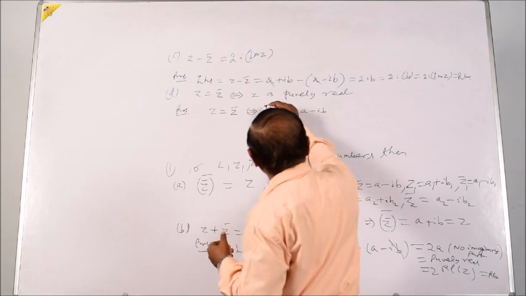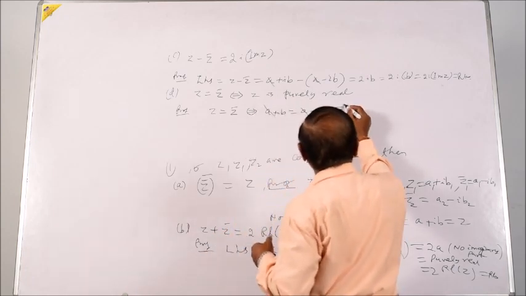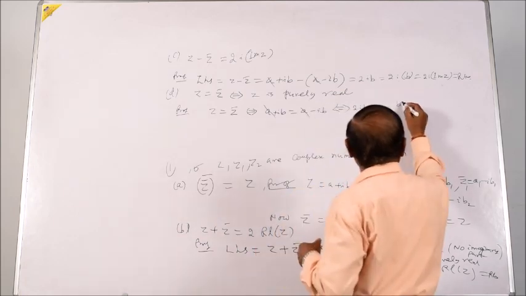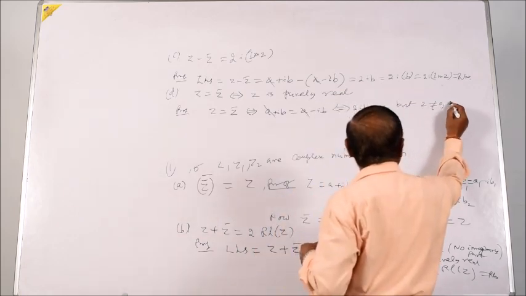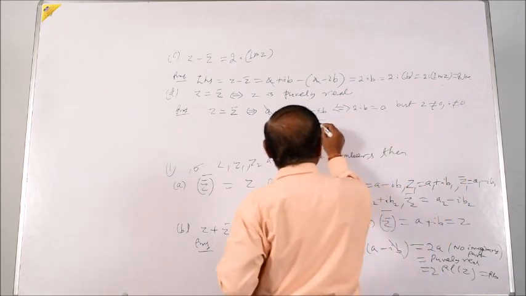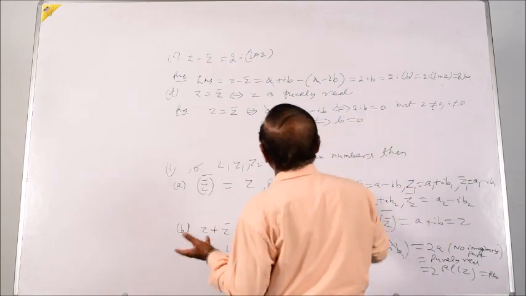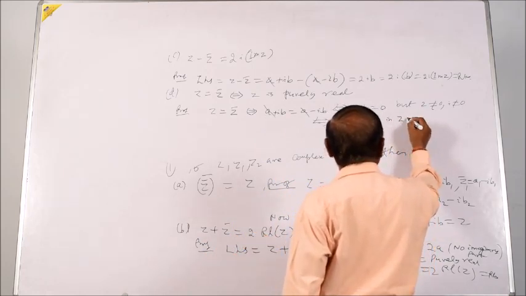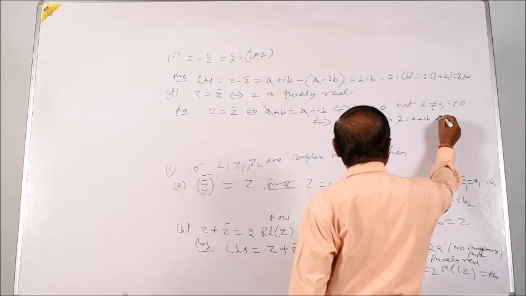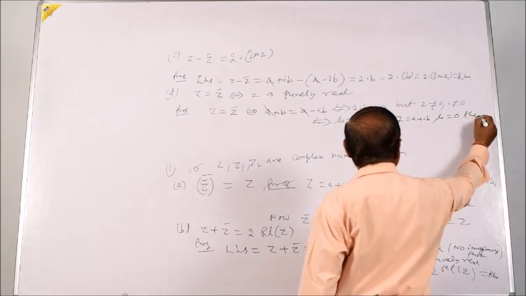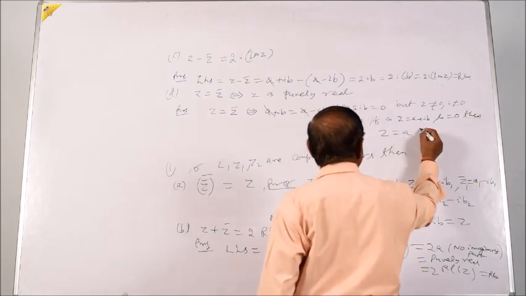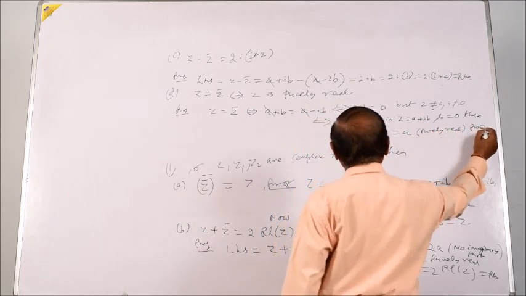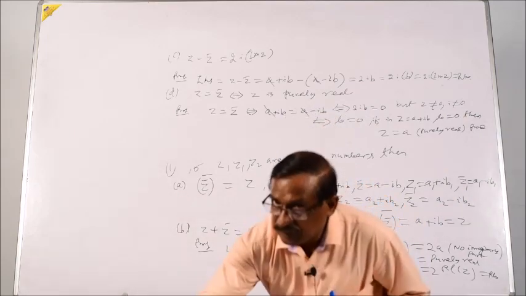You see, we cancel both A, that implies and implied by 2IB is 0, but 2 is not equal to 0, I is not equal to 0, that implies and implied by B is equal to 0. If in Z, that is A plus IB, B is equal to 0, then Z is equal to A, that is purely real. Proved. Thank you.